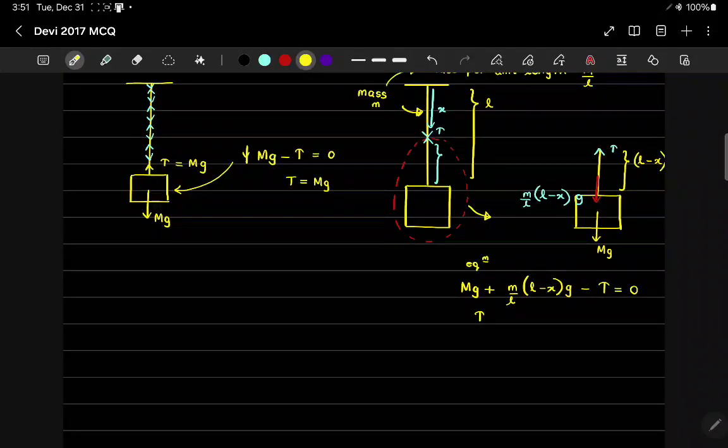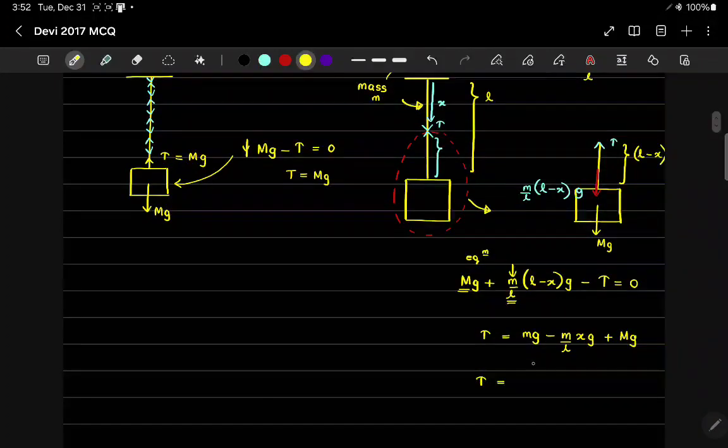Because simple m is a constant, simple L is also a constant. So T equals something like this. If we rearrange the equation, it will be something like this.